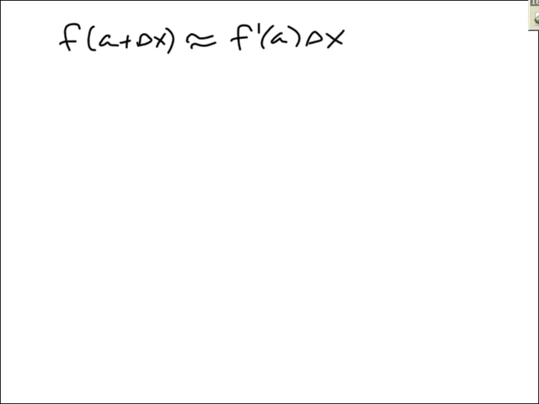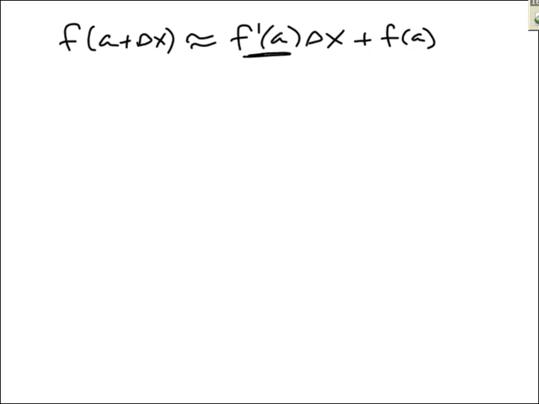Okay, so let us try to approximate some values. So let me write the formula down. F of a plus delta x. We're going to be given the left side, and we want to approximate it by saying that it's f prime of a times delta x plus f of a.